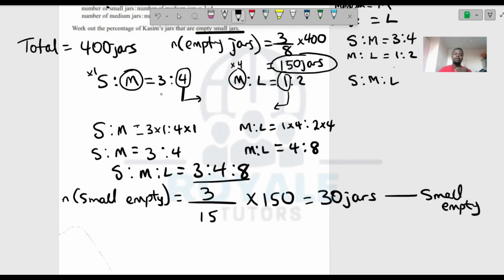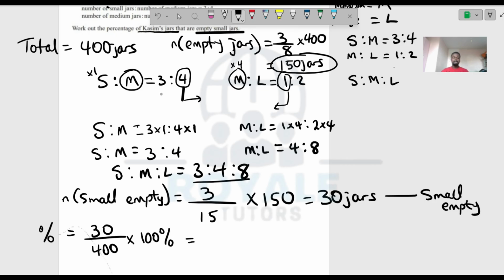So for you to now get the percentage, it is going to be the number of those that are small and empty divided by the total number of jars, because this is based on Kazim's jars, not just Kazim's empty jars. So it's based on the total. That's over 400 multiplied by 100%.